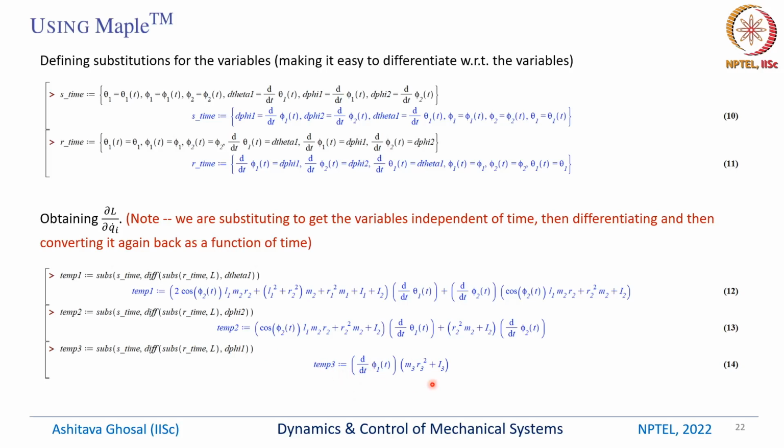So we get these three terms, and we have assigned temp1, temp2, temp3 because later on we have to take the time derivative of each of these terms. Remember, the Lagrangian equation is the time derivative of the partial of the Lagrangian with respect to qi dot, minus the partial of the Lagrangian with respect to qi.